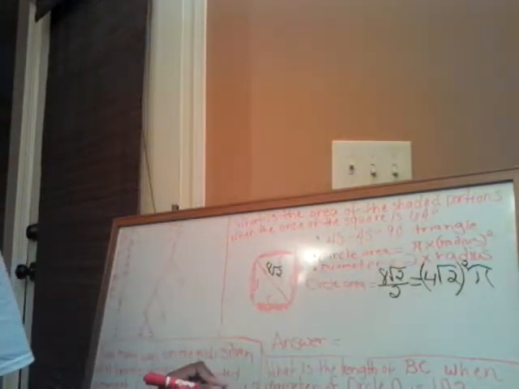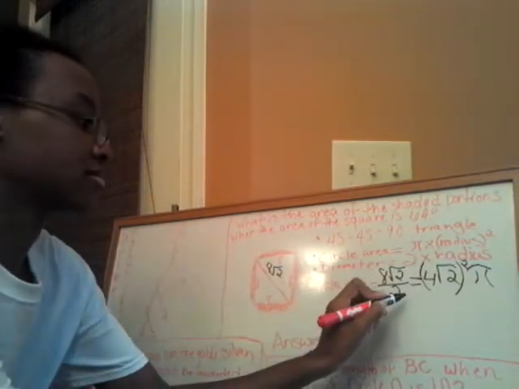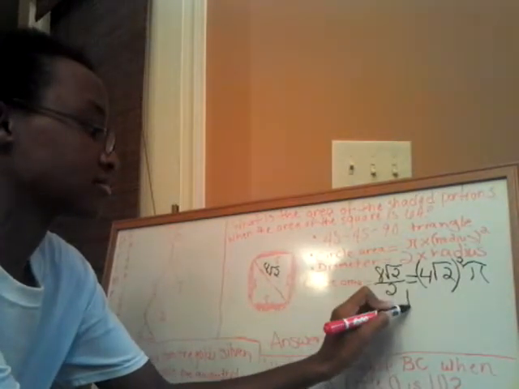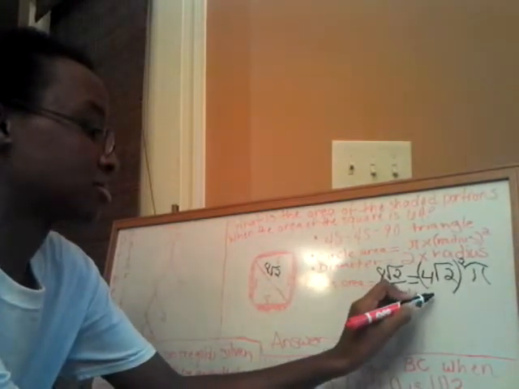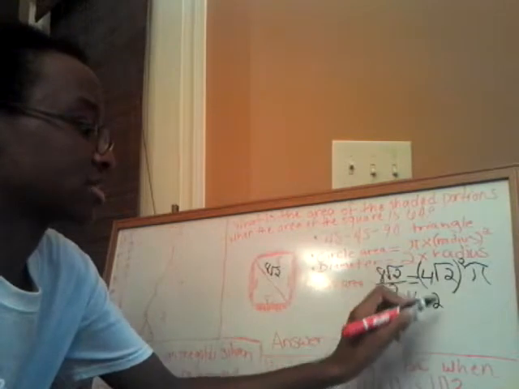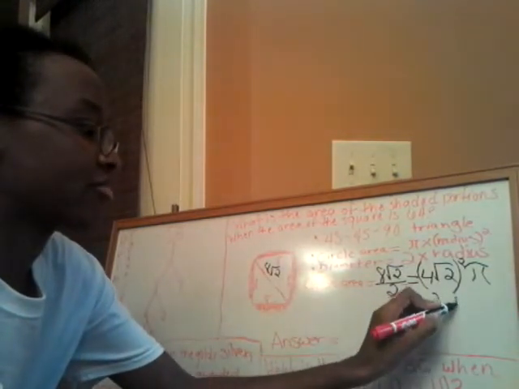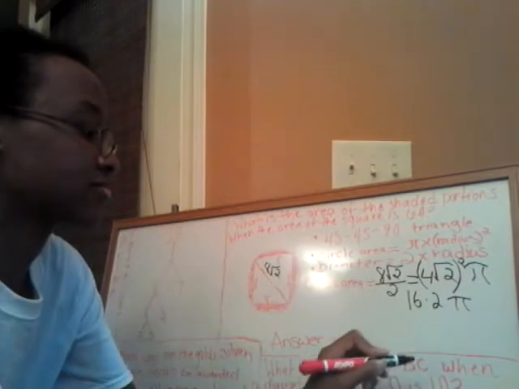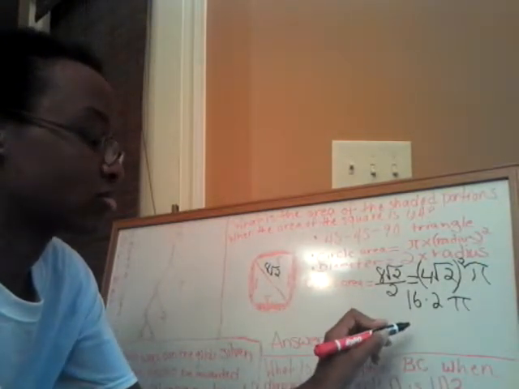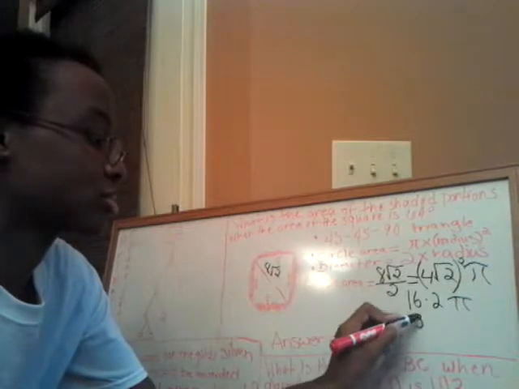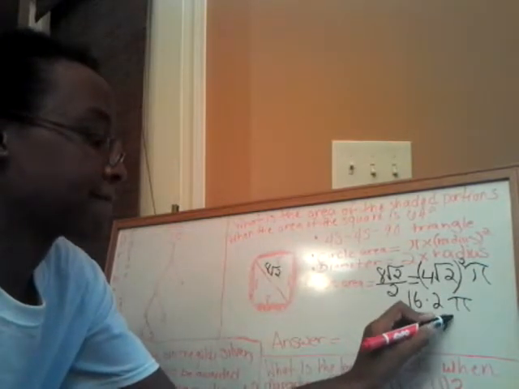So when I square the radius, I get 16 times 2, because what's inside the radical comes out and the radical disappears, and I have pi on the side. Then I work out the problem some more. This turns to 32 pi.